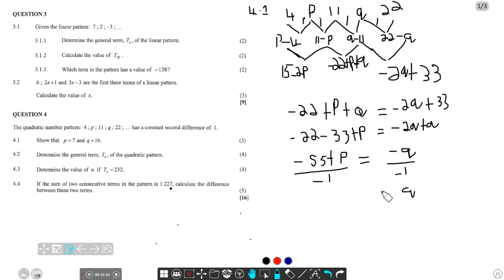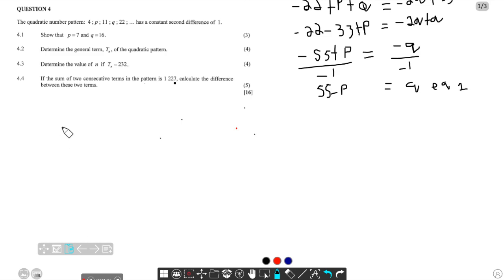Therefore q will be equal to, so this is my new equation. This is going to be my equation 1. So I equated these two, and then what I'm going to do is equate these two.